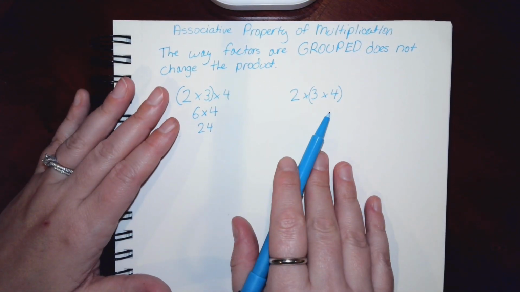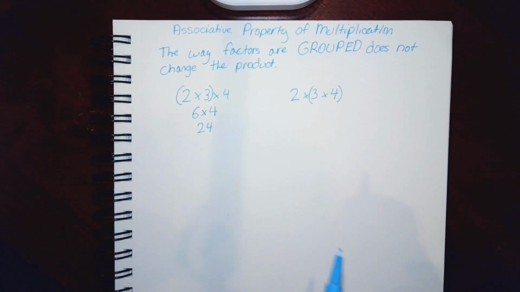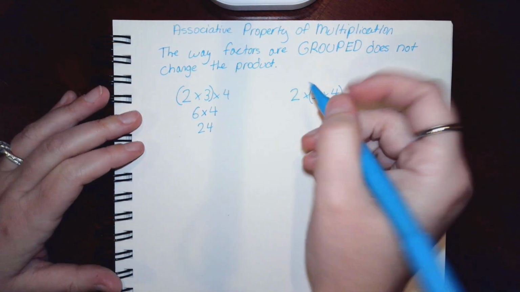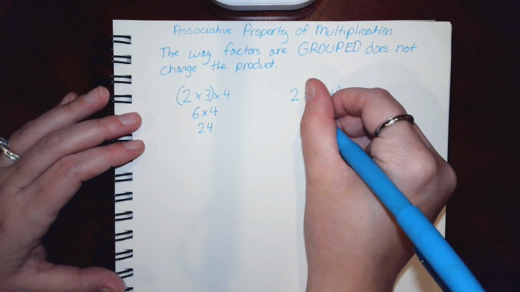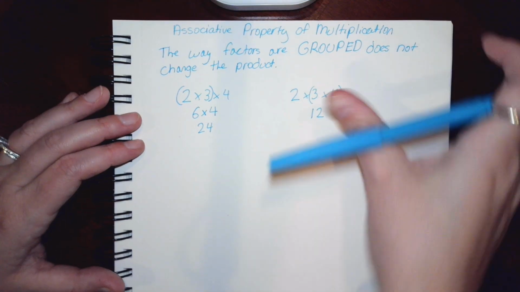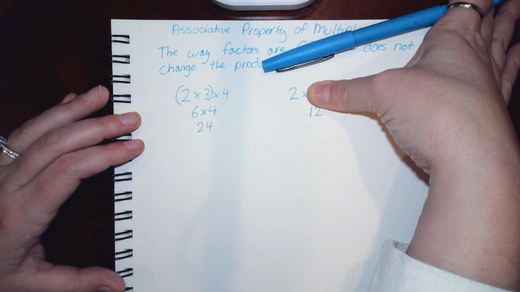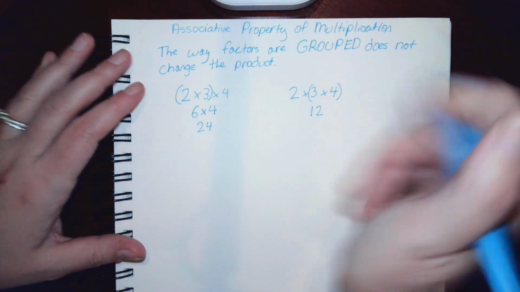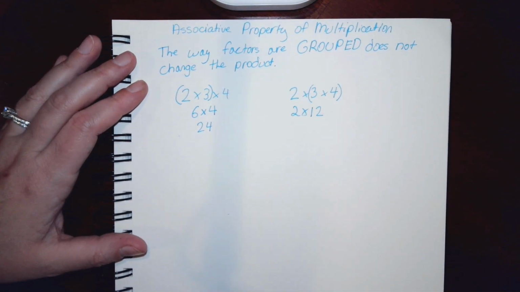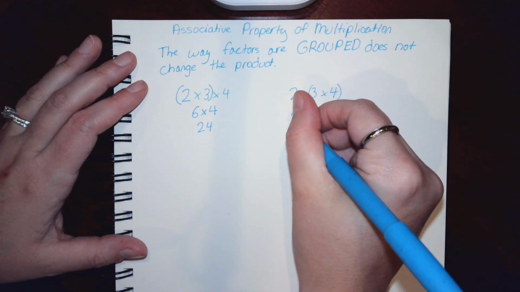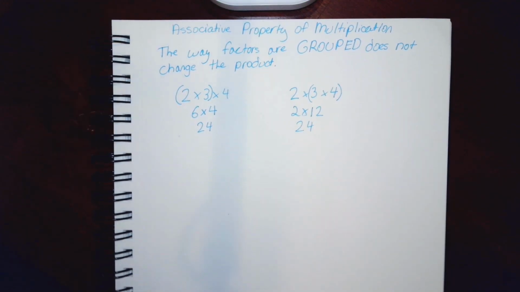We're just multiplying, but as you get into order of operations, your parentheses always comes first. Okay, so 3 times 4 is going to give me 12. And so 3 times 4 is gone now because I got 12. So I need to bring down the 2 times. So I have 2 times 12. 2 times 12 gives me 24.